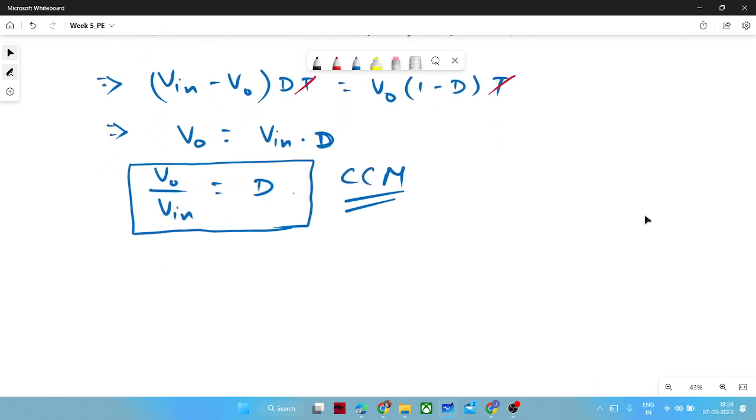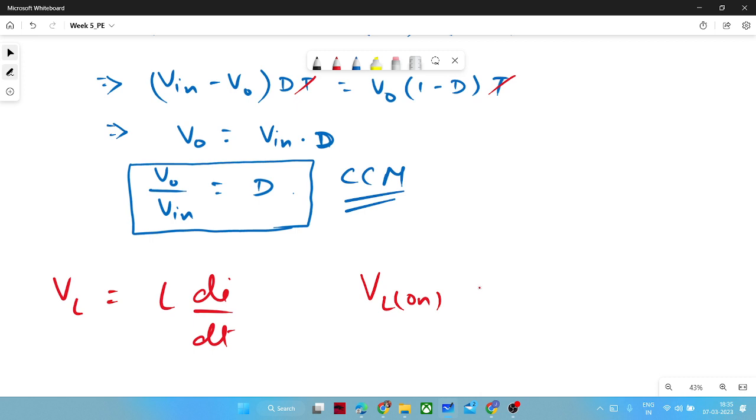So again, we will apply VL is equal to L di by dt. And since here it is a finite period, and you assume any time period, either you take VL during on or off, it doesn't matter.